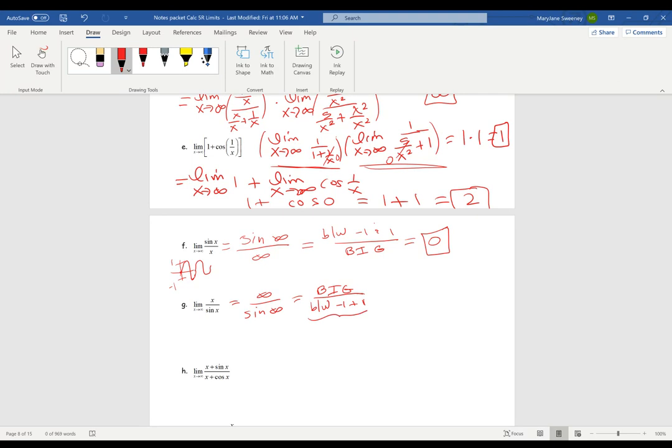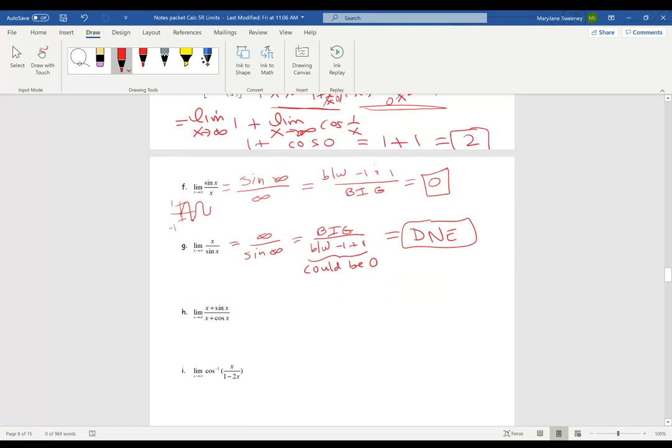Well, it's not, because this could be 0. There are places as sine goes off to infinity where it hits 0, and something over 0 means undefined, which for limits means does not exist. So because there are places it hits 0, we have to say does not exist.